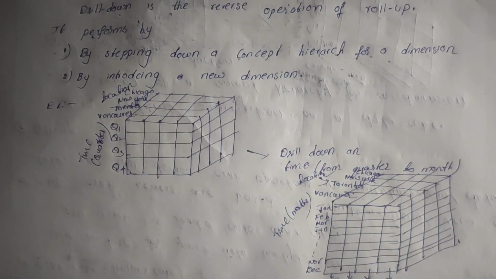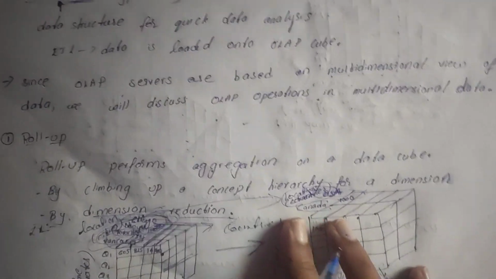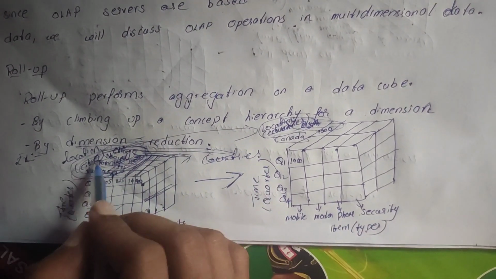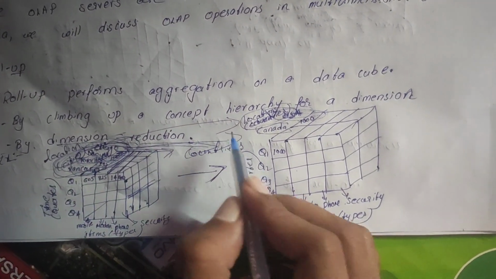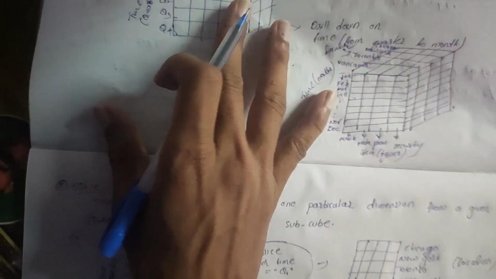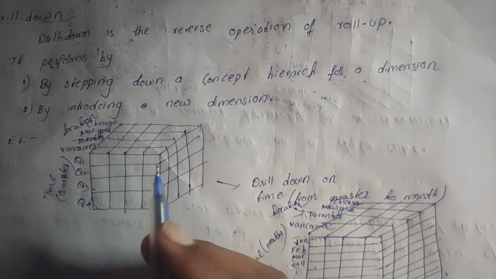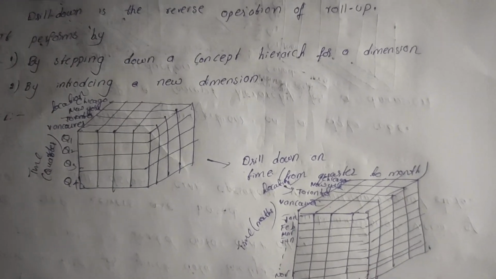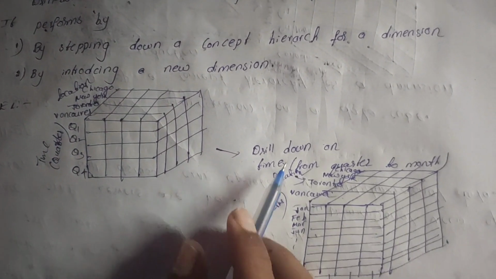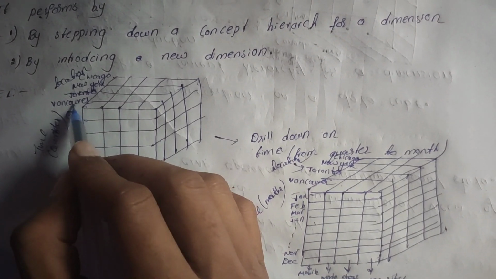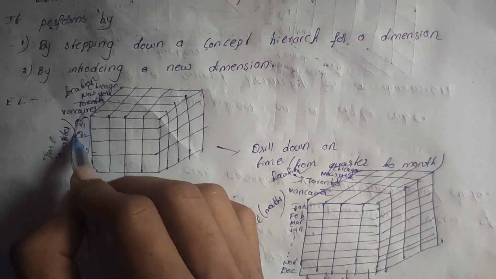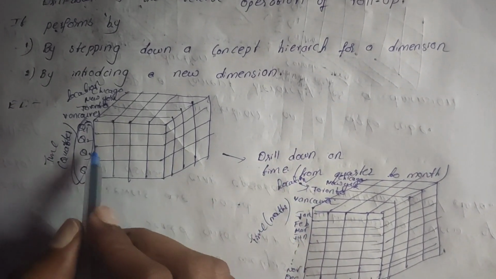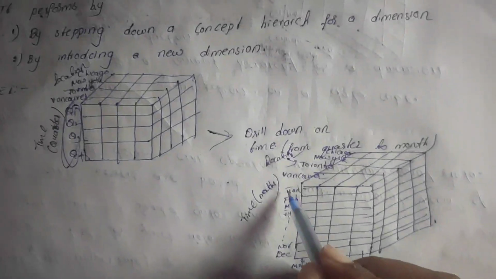In roll up, the cities were reduced to countries. Here, as the reverse operation of roll up, when we do the drill operation on time, the quarters are converted into months.